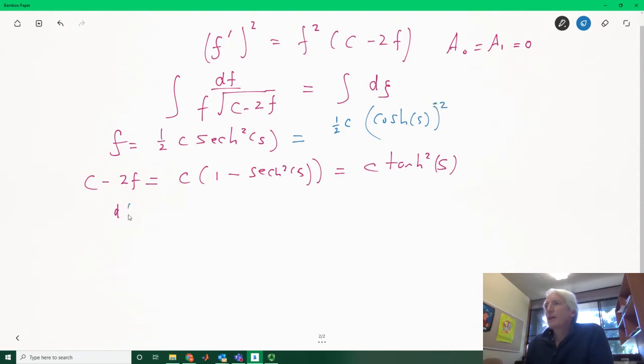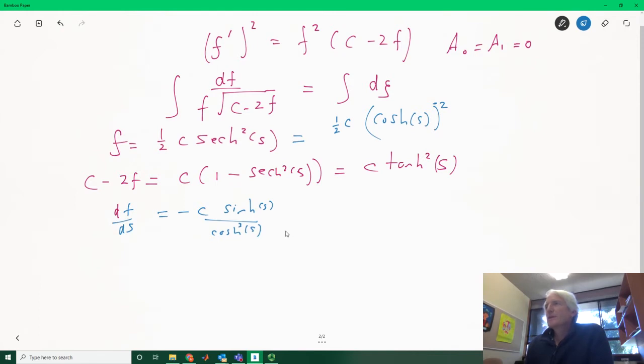If I differentiate that, df ds, I'm going to get minus 2 coming down, so I'm going to get minus c, and I'm going to get the derivative of cosh as sinh, over cosh of s cubed, to the minus 3.